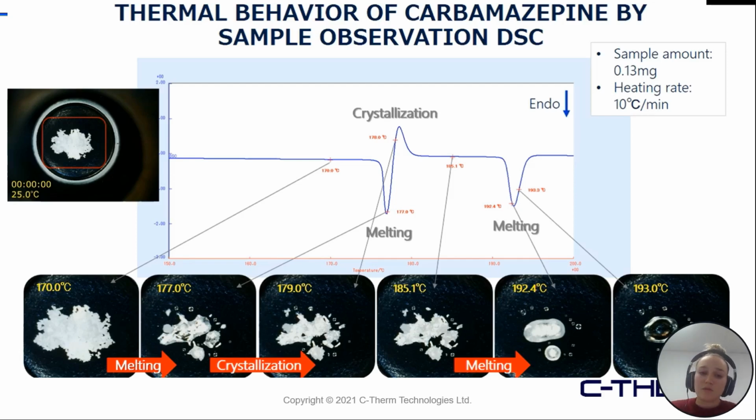So, if you're not familiar with the sample type, you may be confused about these two endothermic peaks. Maybe it's a new sample that you're developing and you don't know what's happening. With the sample observation, it's really easy to see. And another thing I'll highlight, it's not on this screen here, or I don't think in the presentation, but there is a really nice feature where you can actually measure the sample through the camera as well.